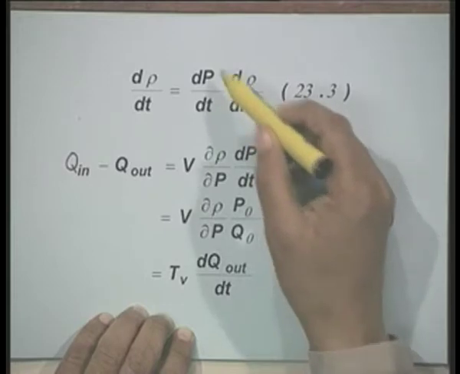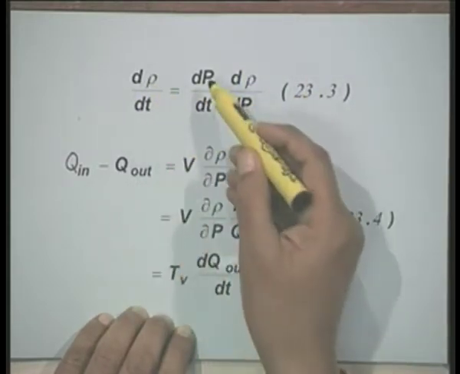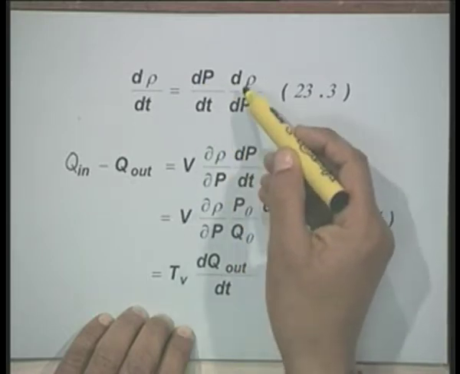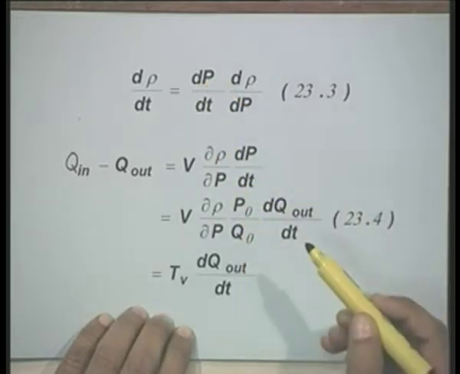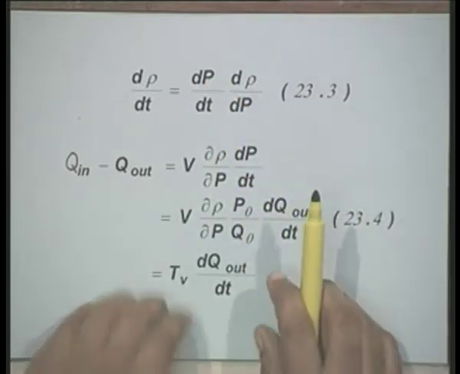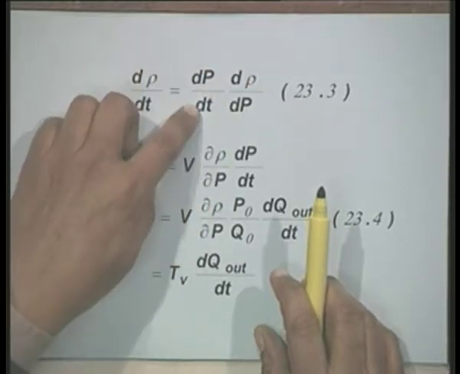This is a chain rule type of relation: d rho by dt is equal to d rho by dp into dp by dt.